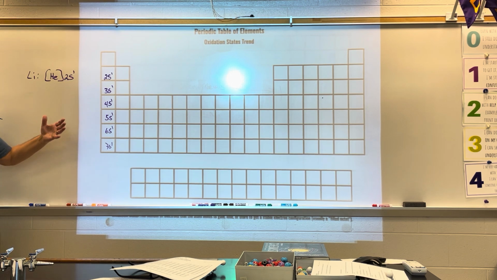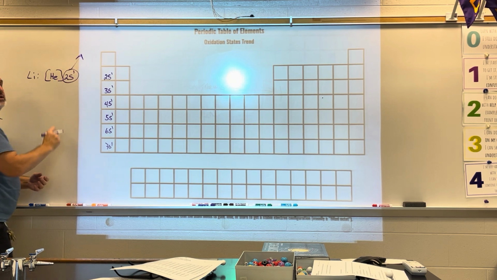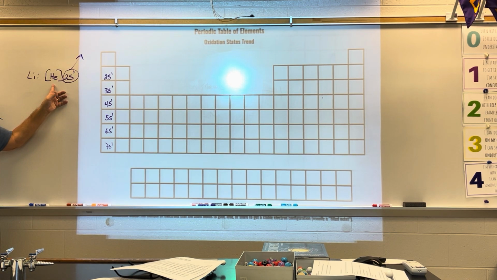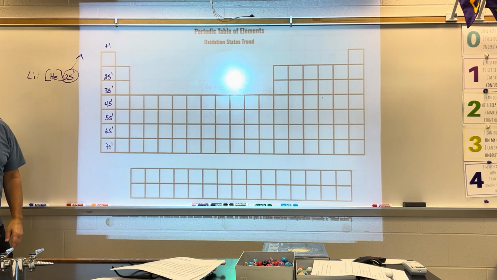That's my noble gas configuration, right? So it's going to want to lose this 1, then it has the noble gas configuration. Neon, 3s1. Loses 1, it has the noble gas configuration. So these are all going to have a +1 oxidation state. They're going to tend to lose 1 electron when forming a bond.